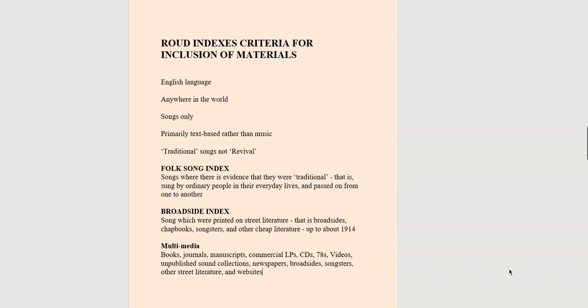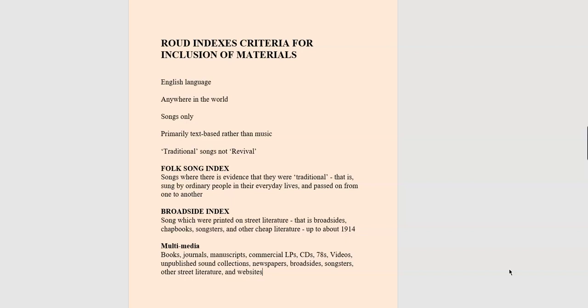But I'm interested in songs only for these indexes. I don't index instrumental music, unless, of course, it's the tune for a song. And I don't do dances and other kinds of musical tradition. It's got to be a song to be included.